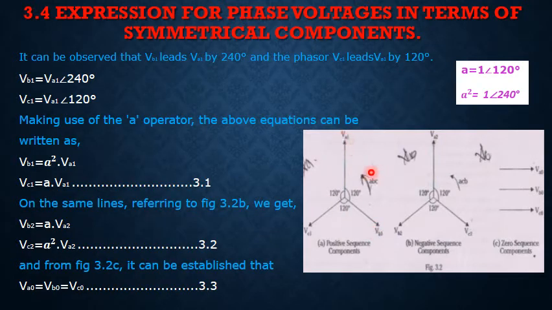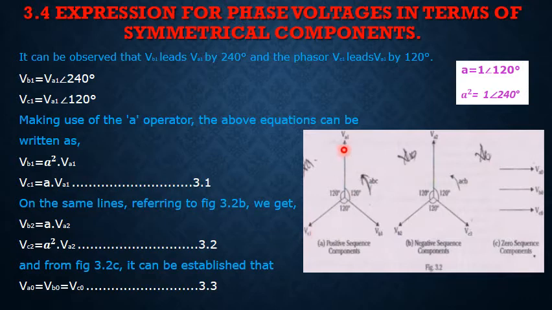VB1 is leading with respect to VA1 because we considered the anti-clockwise direction. So VB1 is leading VA1 by an angle of 120 plus 120, that is, 240 degrees.